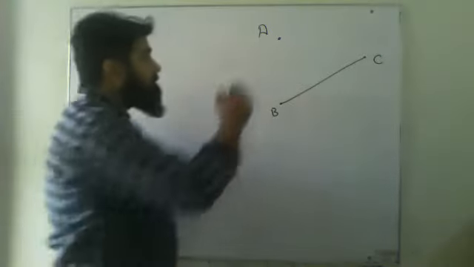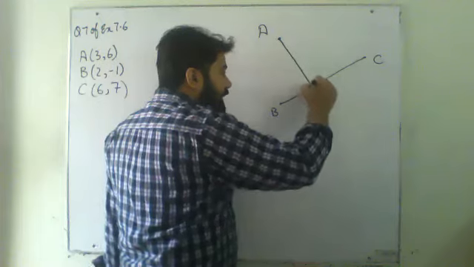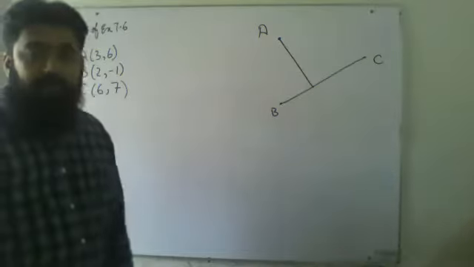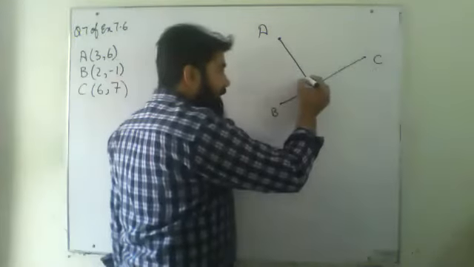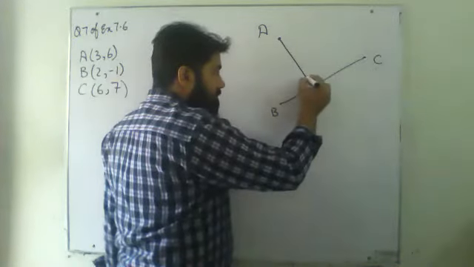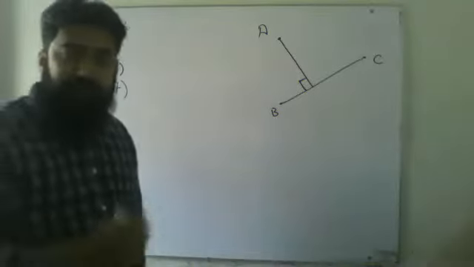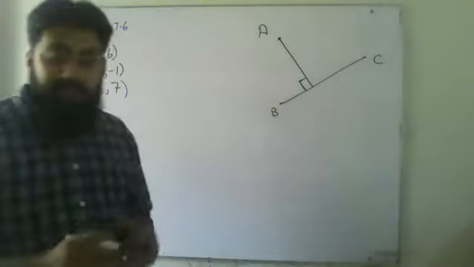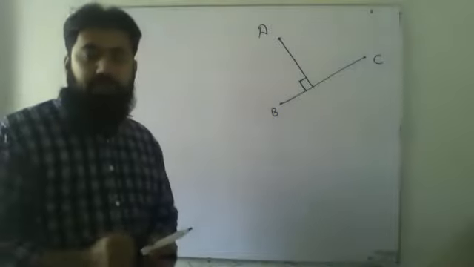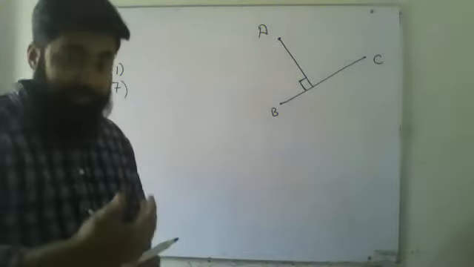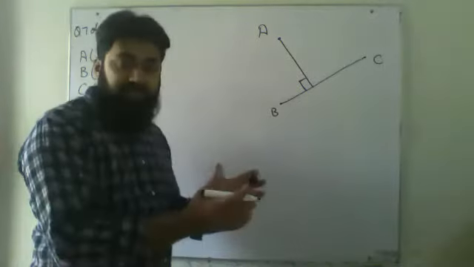This is the line, and I have made a line from A on BC which is perpendicular. Foot of perpendicular means, like we have got foot of perpendicular in question number 5 also, and in an example also, but they have just changed the name.